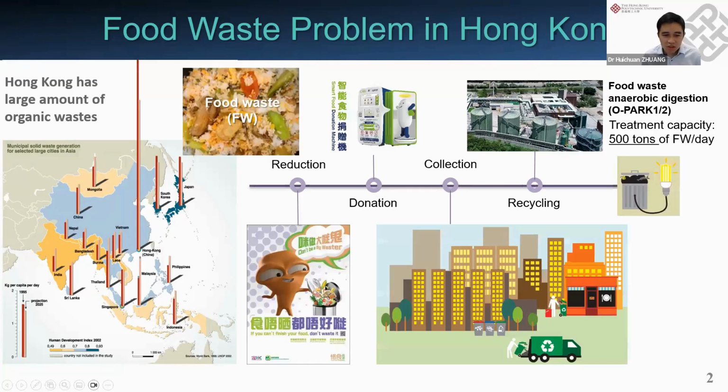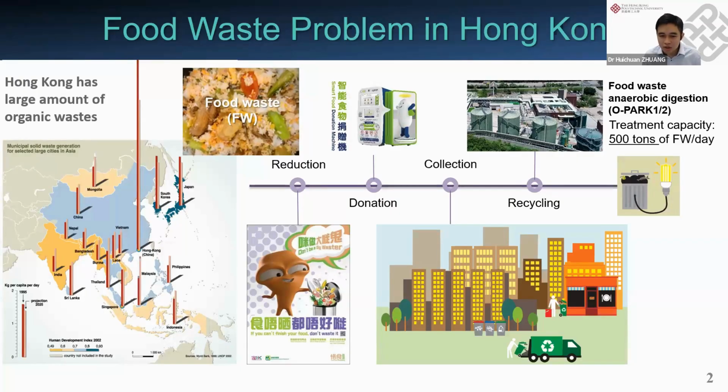In terms of strategy, our government often talks about four keywords. Reduction means simply avoiding food waste in the first place. Donation means redirecting edible surplus to people in need. Collection and recycling means we do separate collection of food waste.